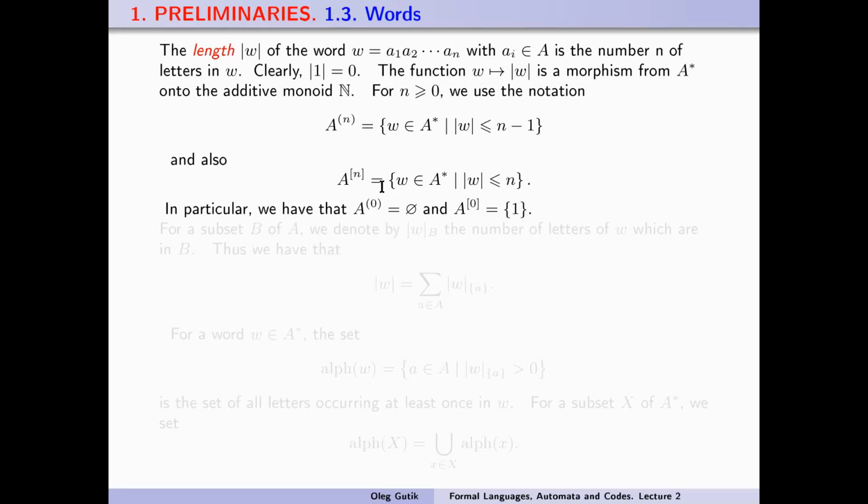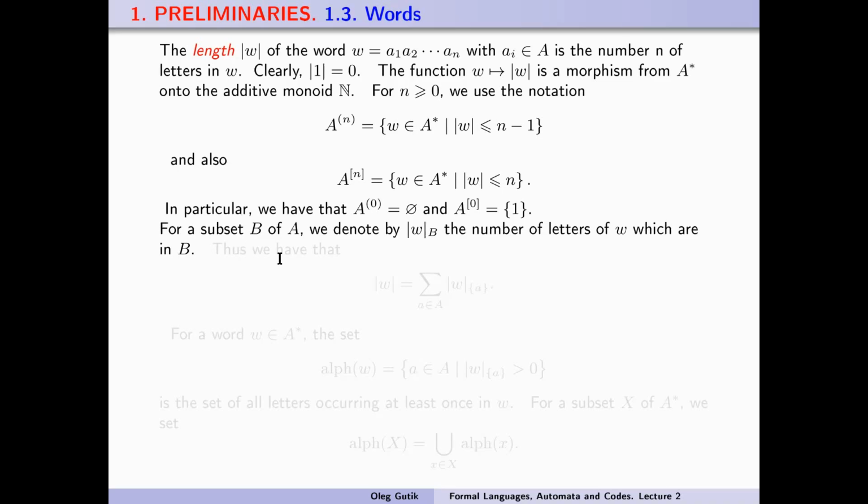So in general we have that such a set is the empty set, and such a set consists of the natural element of the free monoid.